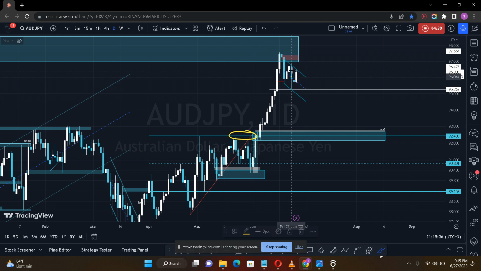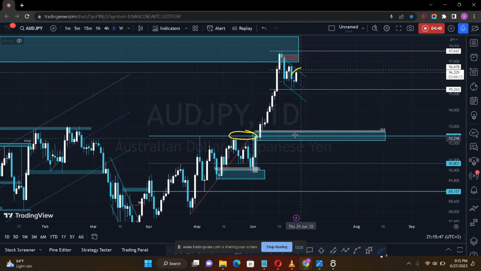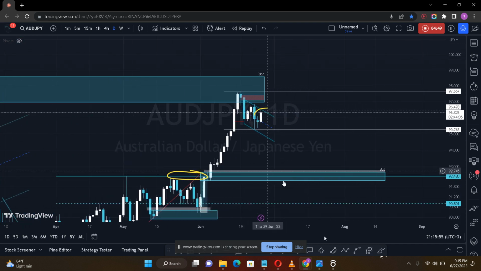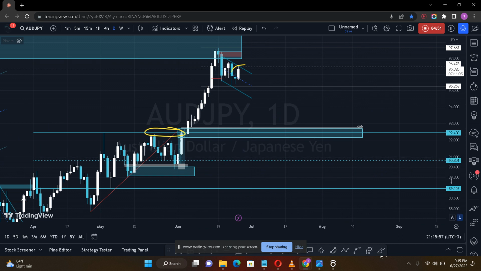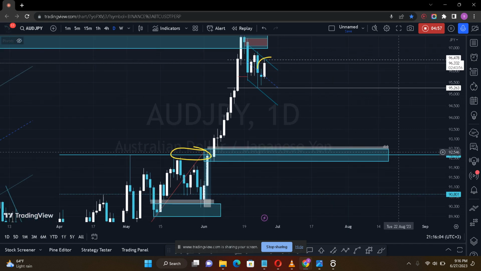So if price were to proceed lower, this will be my target, this zone right here. And this zone is coupled with a fair value gap, as you can see right here. So if I'm triggered into the market, that will be my target. And being that it's also the previous month's high, it adds confluence to that level.